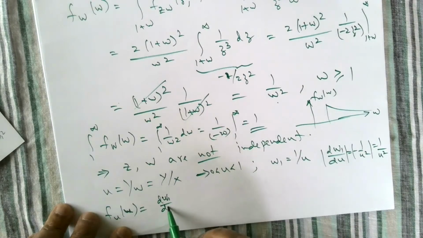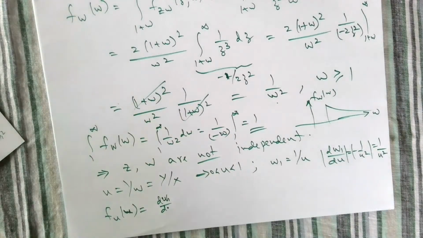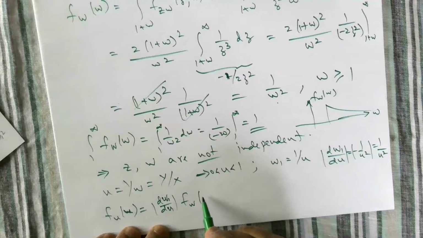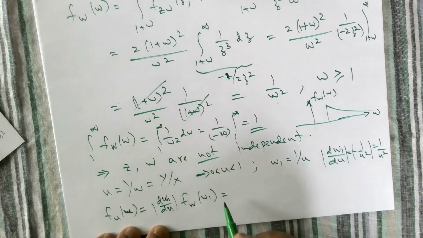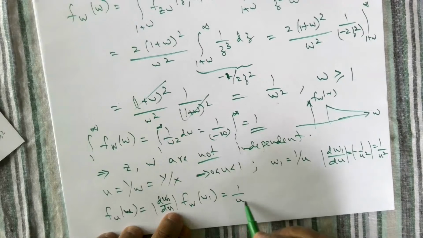Remember, W plays the role of X and U plays the role of Y. So that's going to be the density of W at 1 over U, times dW by dU, which is 1 over U squared.